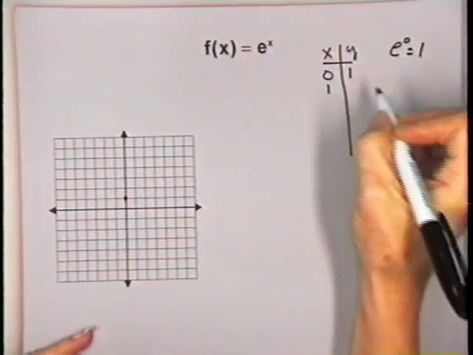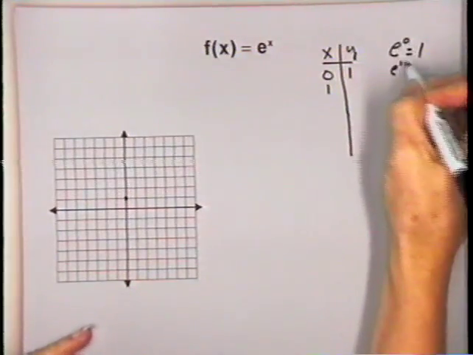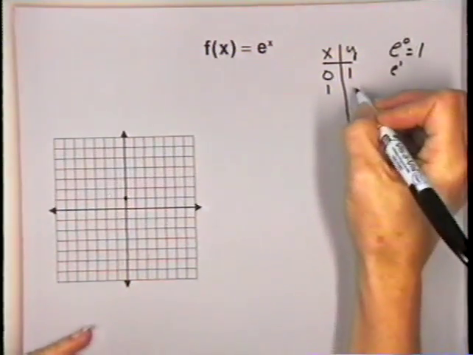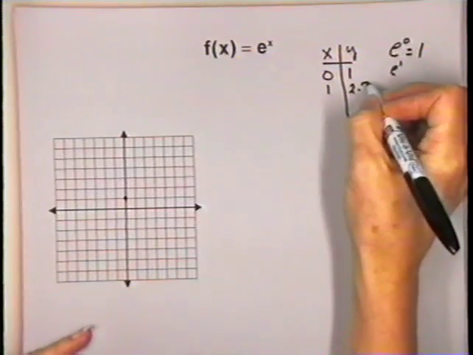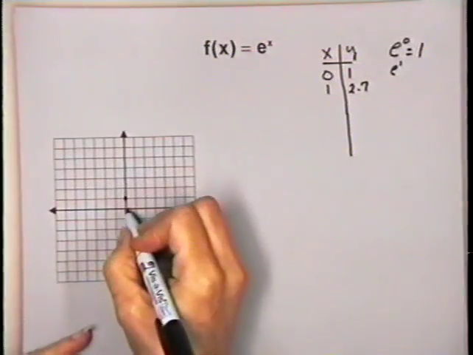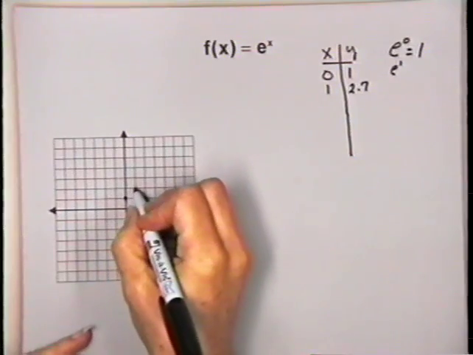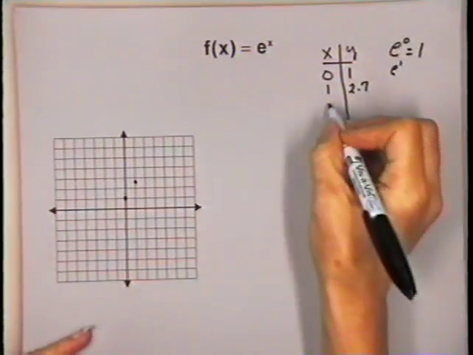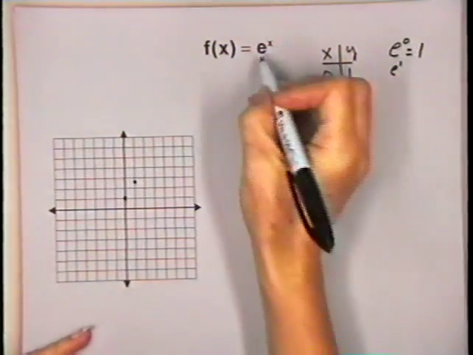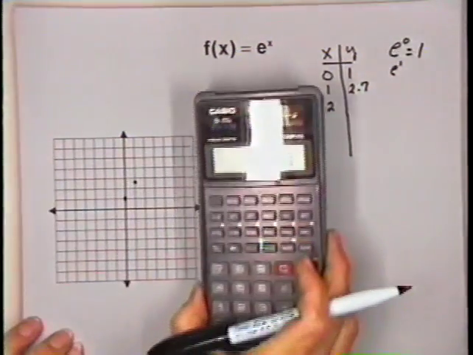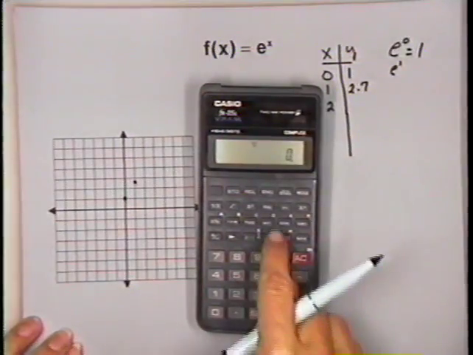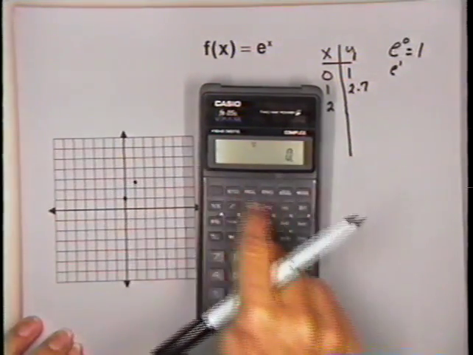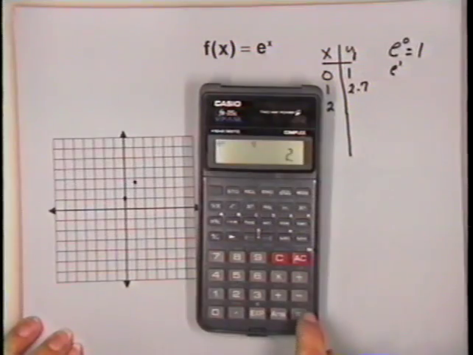If I choose x to be 1, I have e to the first power. We know that is approximately 2.718. I'm just going to write 2.7. So whenever x is 1, I have 2.7, might be approximately right there. Now, whenever x is 2, I'm looking for e squared. So I'm going to go back to my calculator, and remember I'm going to use that e to the x key and put in an exponent of 2.